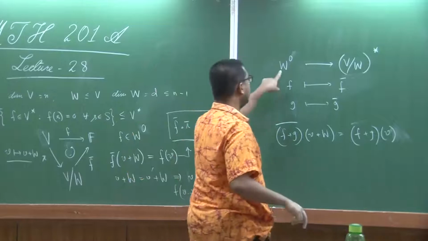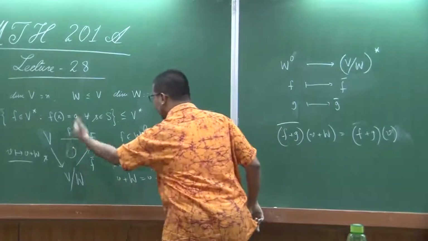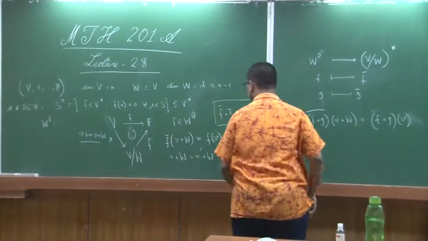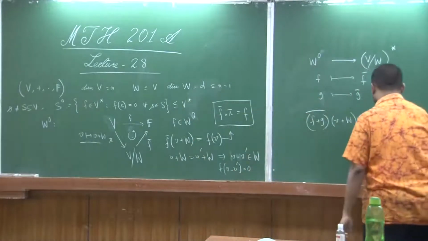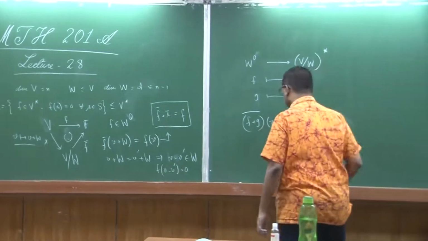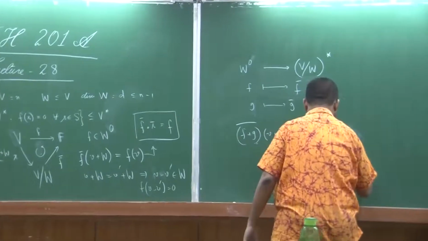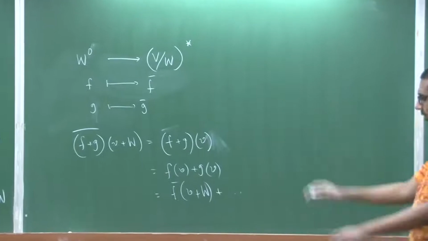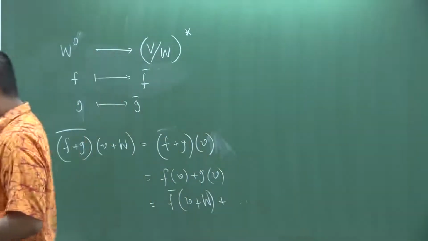So, if f and g are in W naught, then f plus g is in W naught, and from this general definition we see (f plus g) bar of v plus W is this. Now, f bar of v plus W is as usual f of v, similarly for g, and the case for scalar multiplication is also trivial. So, this is a linear map.